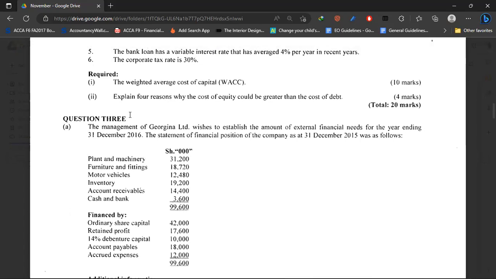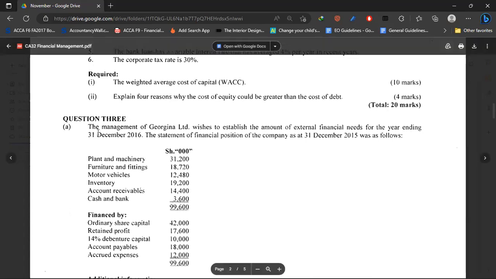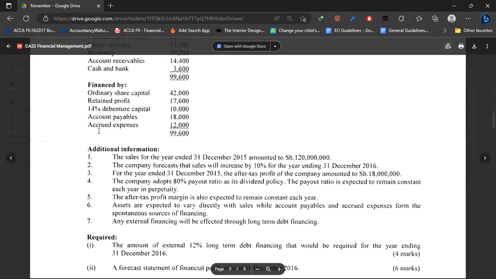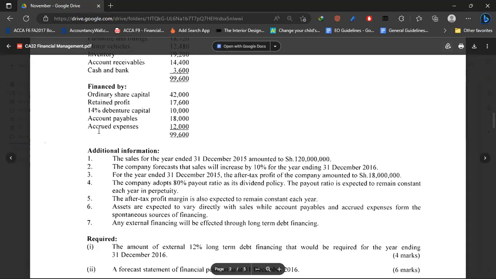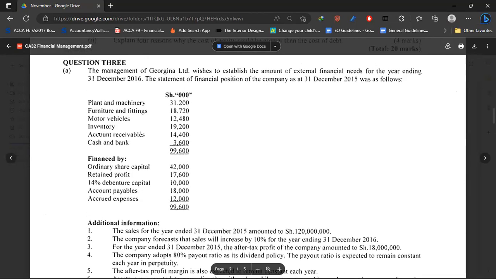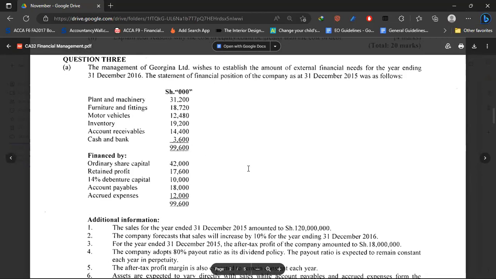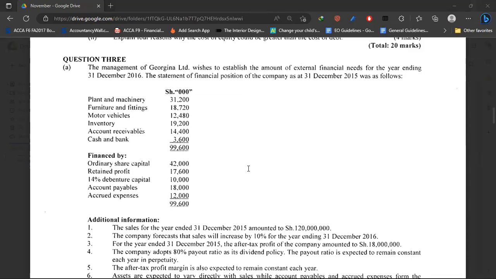From that aspect, as per the requirements, we are supposed to be analyzing the statement of financial position. It is normally based on the balance sheet items, but we are going to be calculating the percentage of sales. So how are we going to be doing this? Let me go back to my board, and I'll show you how you are supposed to do it. The solution for the question.